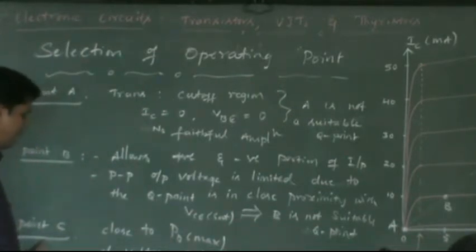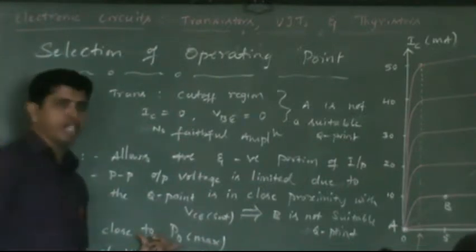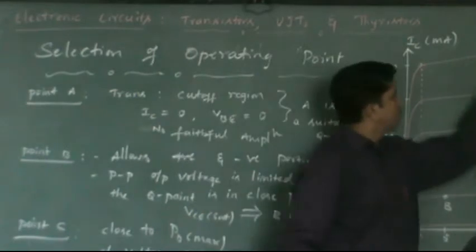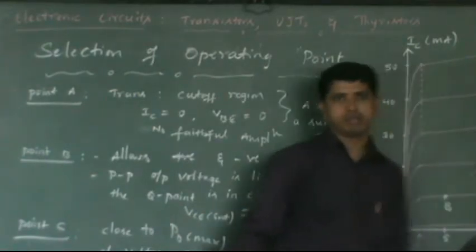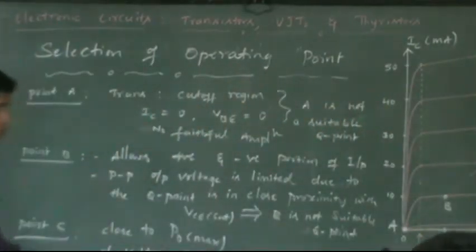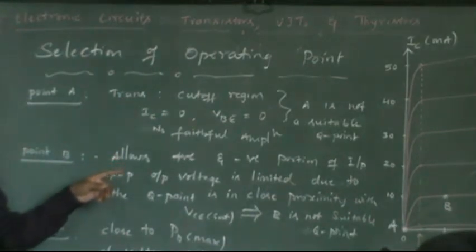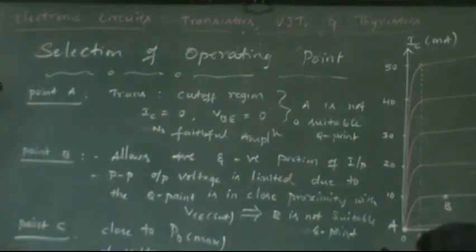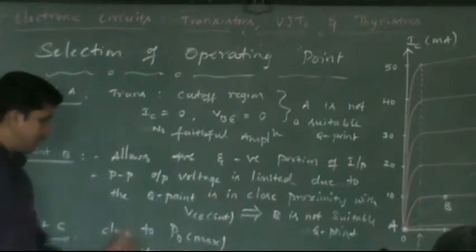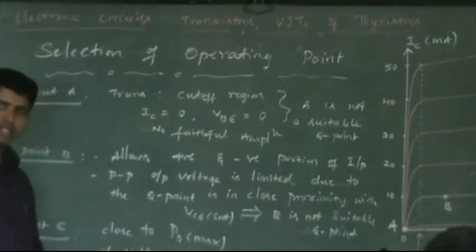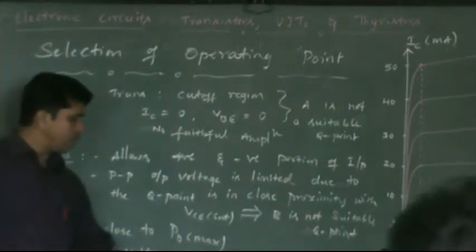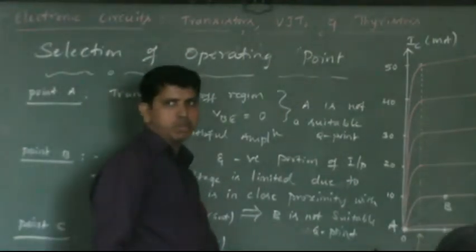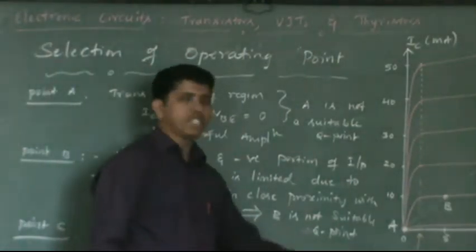First of all, if you choose point C as an operating point, it is very close to the PD max, the power dissipation curve. That violates condition number 4, which needs to be within the limit. So if point C is chosen, another drawback is the output voltage swing is reduced, specifically the positive swing.